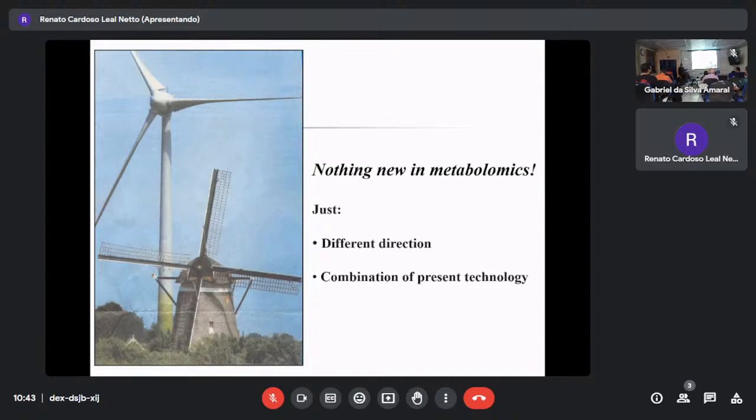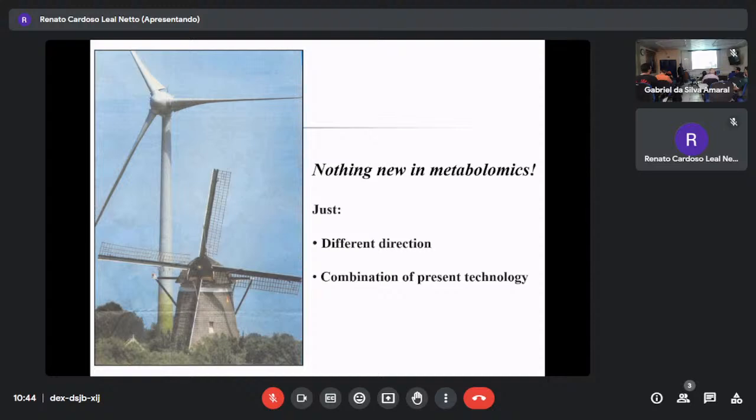And for any kind of analytical technique, there is no difference. Actually, mass spectrometry is also sometimes used for metabolic profiling. The only difference is that metabolomic chemical profiling has a different direction. I want to see all. Of course, we cannot reach this goal, but at least our goal is to get all the metabolites.